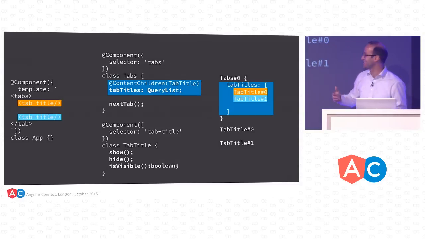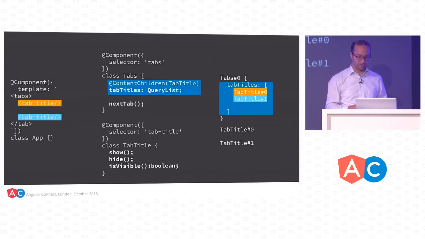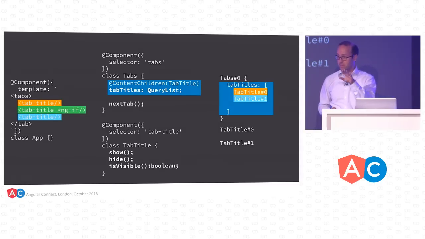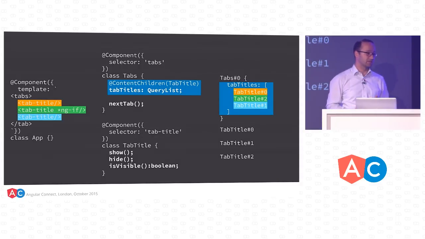Then you'll see the instances showing up in this array also in the correct order. First the orange and then the blue one. And the interesting part is, let's say we have this middle tab, like this events tab, that was shown or hidden, triggered by an ngIf, for example. Then this will also show up at the correct place in this array. So you don't have to care for this. Always correct order, always up to date.